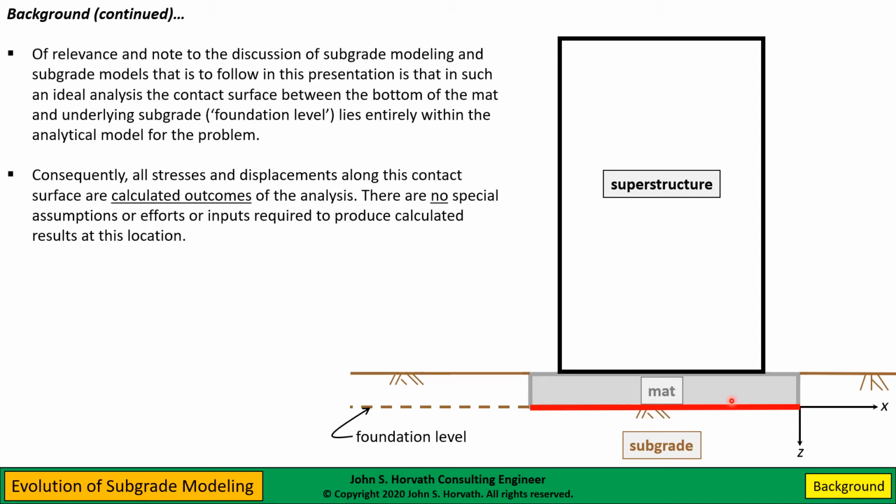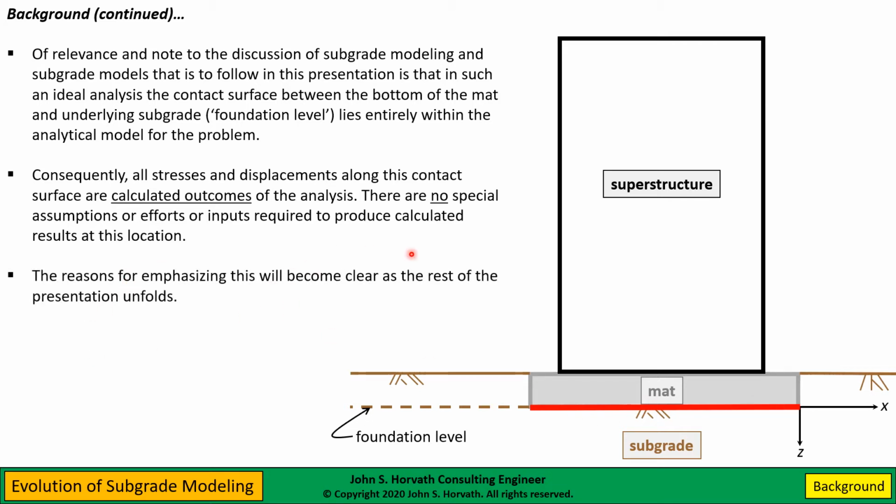Consequently, any of the stresses and displacements we would calculate at the nodes along this interface, they would all be calculated outcomes from this ideal analysis. You wouldn't have to make any special assumptions or inputs to deal with what is going on at this interface.